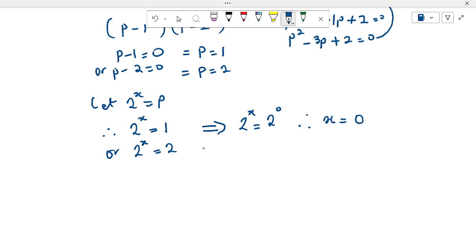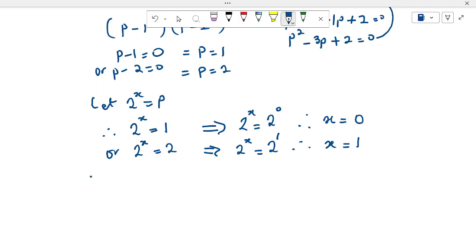Come back to this scenario. You have 2 raised to power x equals to 2 raised to power 1, because this 2 is the same thing as 2 raised to power 1. But because you have brought it to the same base, therefore our x here is equal to 1.